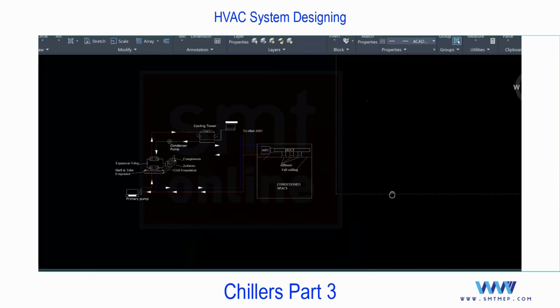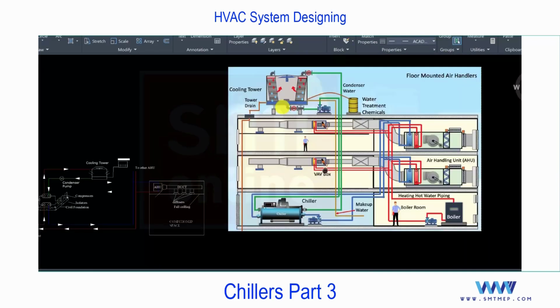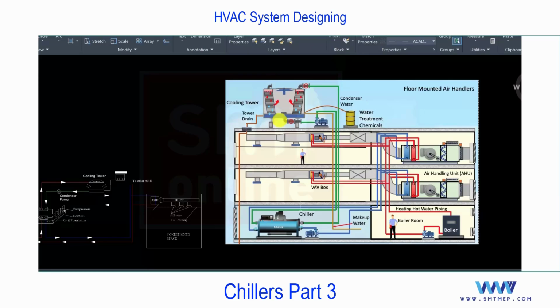First of all, with this image, what are the additional components in this? First of all, this green color line is a condenser piping. So additional cycle you'll find. And this cycle from the chiller is connected to, you see, a cooling tower. And cooling tower is simple construction. Cooling tower is used to cool the water. And the concept is evaporative cooling, like an air cooler.